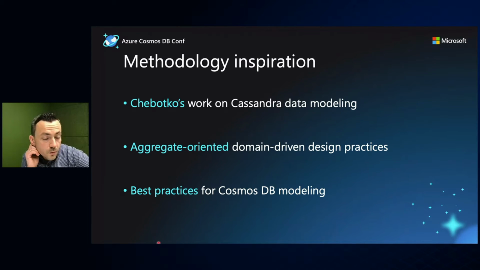It's really cool stuff. But the only issue is that it's for Cassandra. When we're talking about Cosmos DB, meaning the SQL API and a document-oriented kind of model, I cannot apply this approach right away. It should definitely be changed, adjusted, and tailored for Cosmos DB.